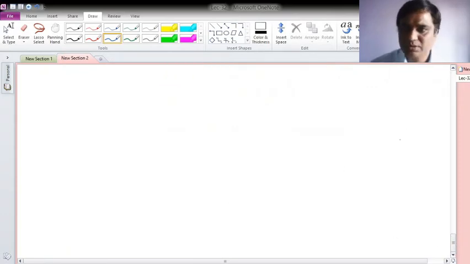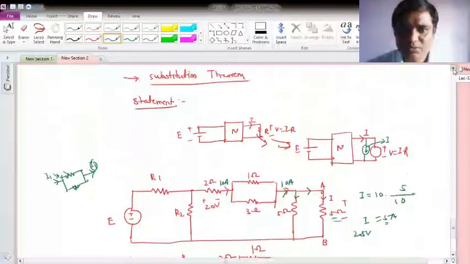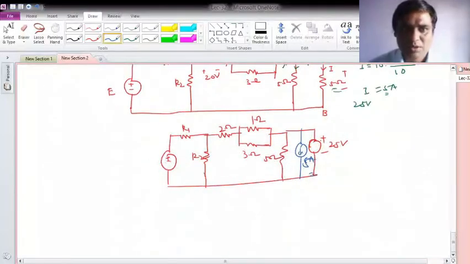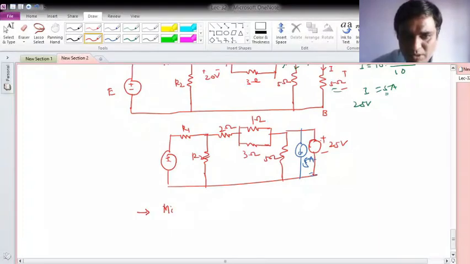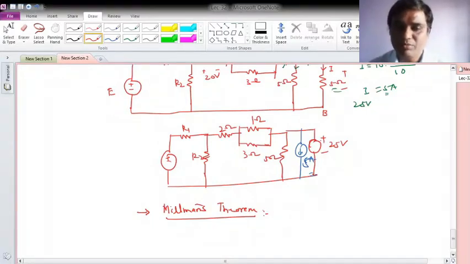The next theorem is, okay, which theorem have we seen now? This was the substitution theorem. Now next is Millman's theorem. This theorem basically is used when I find that a network consists of Thevenin's equivalent networks in parallel form.